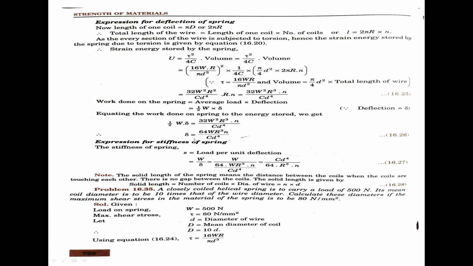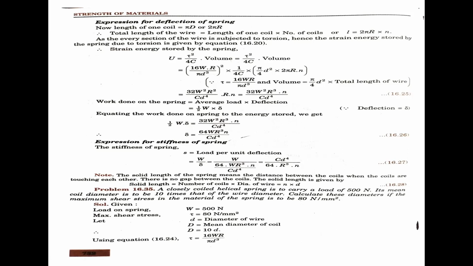Finally, deflection is equal to 64 W R cube N by C d to the power 4. This is the closed coil helical spring deflection formula, and you use this formula to calculate the deflection for a closed coil helical spring.